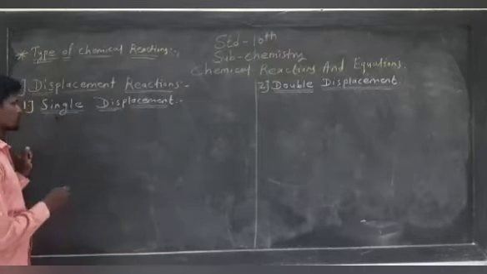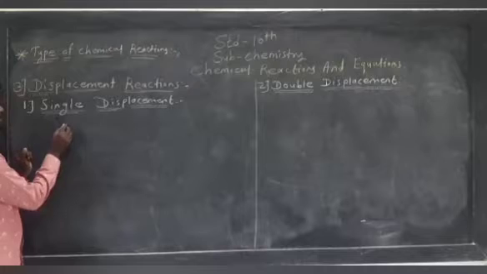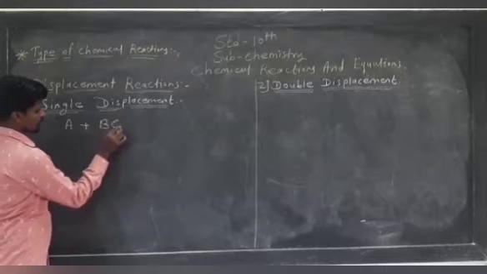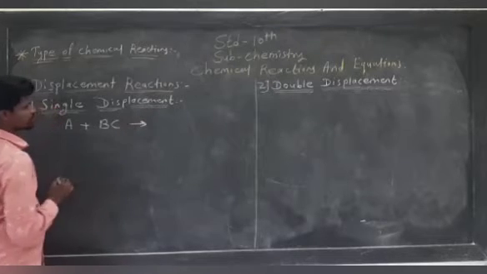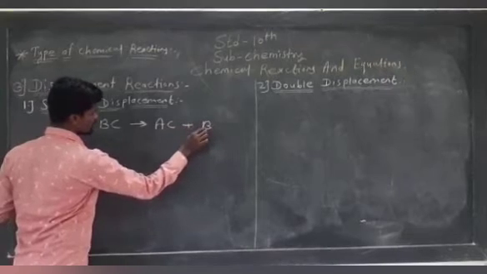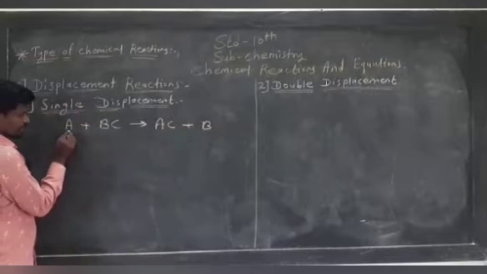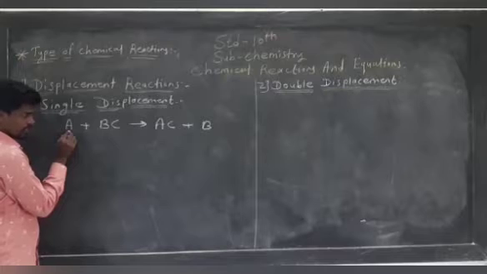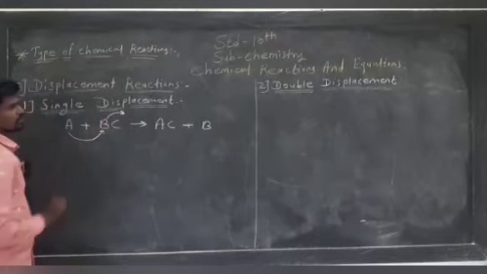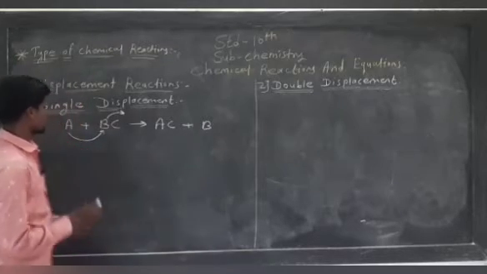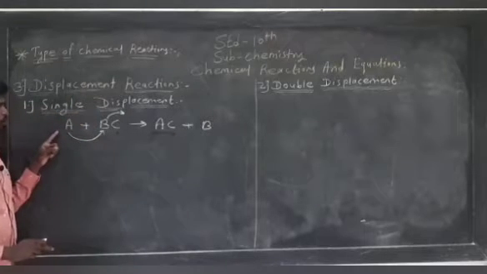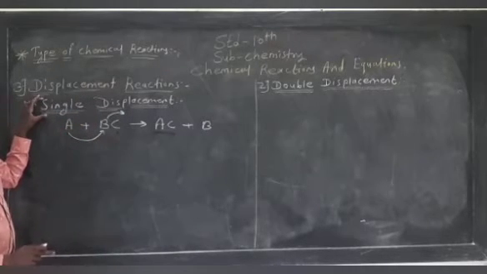The general equation of single displacement reaction is A plus BC gives AC plus B. This A displaces the other element B, and B is the byproduct and it gives AC, the product. It is called a single displacement reaction.